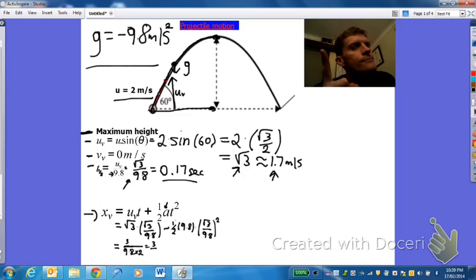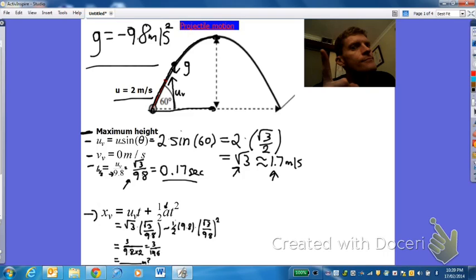So 3 over 19.6 as an exact value. Okay, and that can be worked out as a decimal approximation. And I don't have my calculator with me, so who can work that out for me? And our units are going to be in meters. So that's maximum height. Okay.